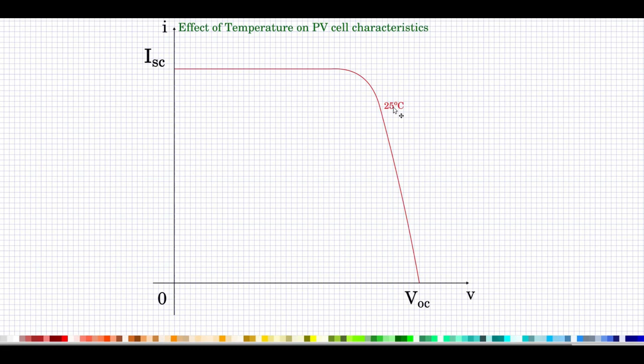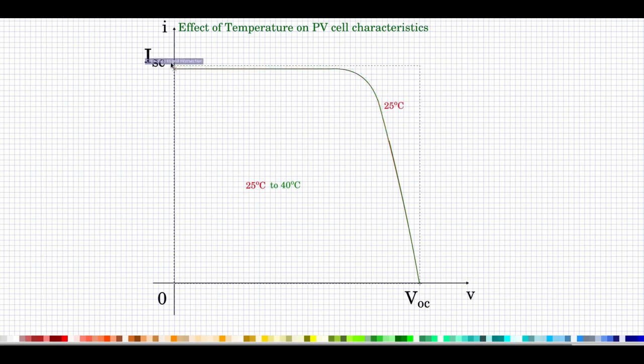Now let us say the temperature increases from 25 degrees centigrade to 40 degrees centigrade. What is the effect on the cell? Now let me make a duplicate of this curve, change the color to green and superimpose the changed curve.